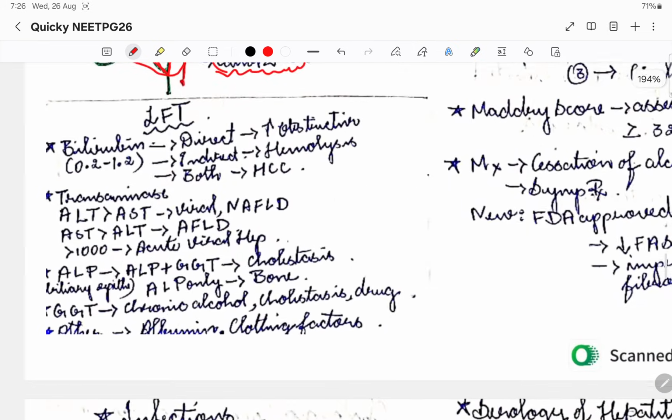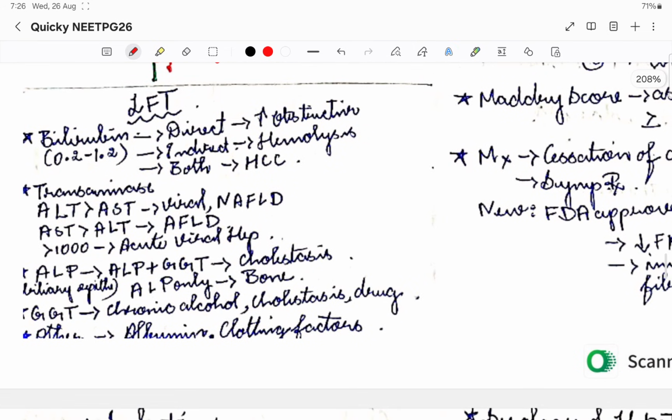Then coming to liver function tests, some of the basics: in a liver function test, we take the liver enzymes that the liver produces and also the hormones that the liver produces to know how the liver is functioning. We'll be taking the bilirubin levels, the transaminase levels, ALP, GGT and other functional hormones that the liver produces.